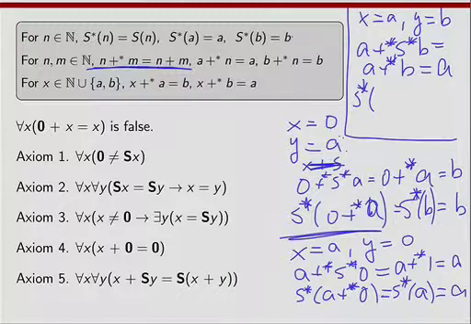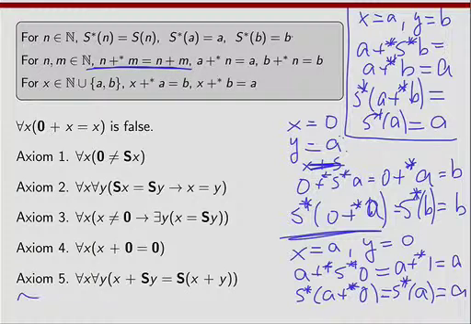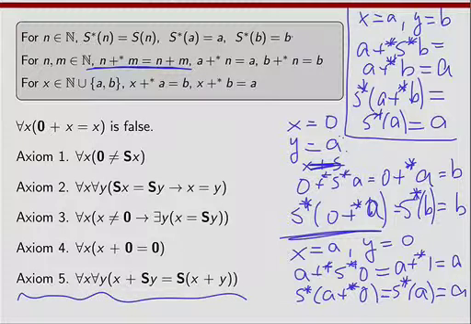Now let's look at successor star of a plus star of b. Again, if b is on the right-hand side, then anything plus star of b must be equal to a, and successor star of a is just equal to a. Hopefully that has convinced you that axiom 5 actually is true. I think I've run through all of the cases.